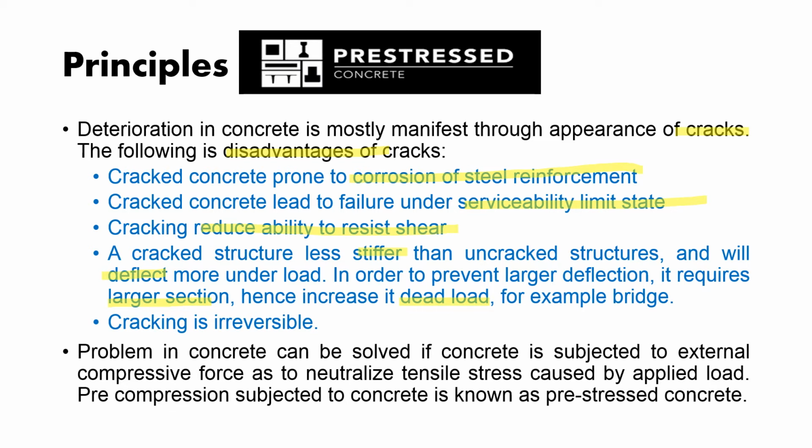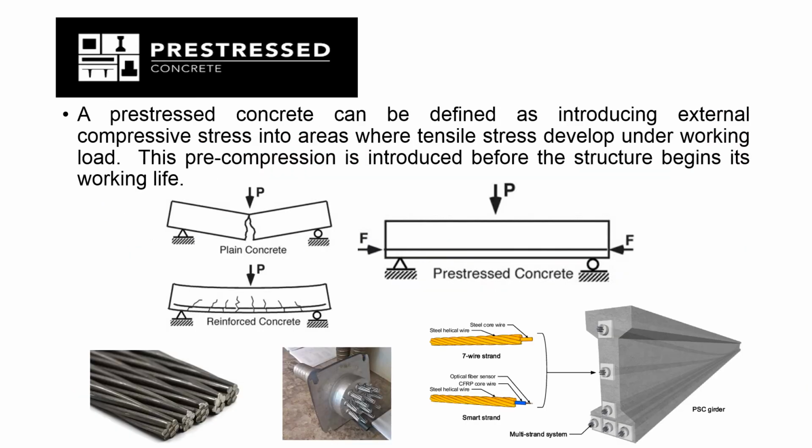The problem in concrete can be solved if it is subjected to external forces to neutralize the tensile stress caused by applied loads. So pre-compression subjected to concrete is known as prestressed concrete. We use pre-compression, also known as prestressing, to solve these cracking problems. Prestressed concrete can be defined as introducing external compressive stress into areas where tensile stress develops under working load.